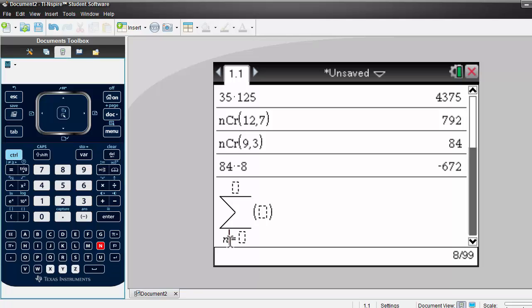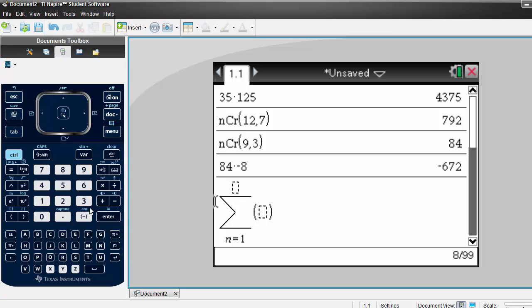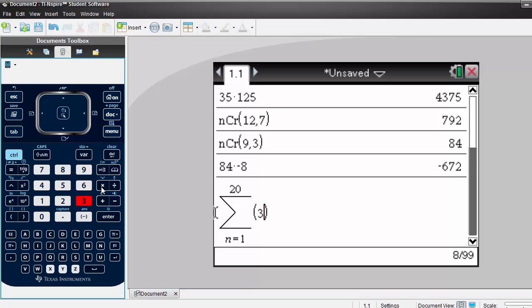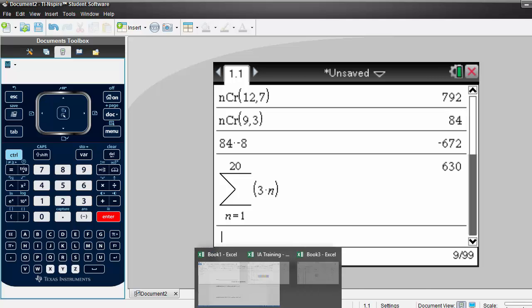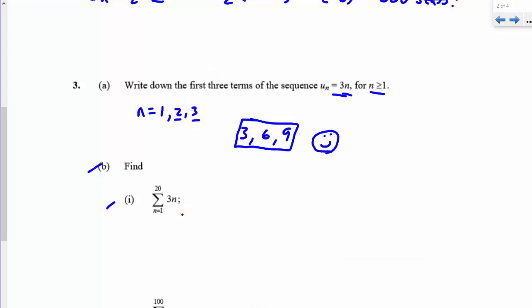So this is going to be n equals 1. That's the start of your index here. And this is going to go up to 20. And this will be 3 times n, or 3n if you like. If you hit enter, it tells me that sum is 630. So if I add the first 20 terms of this sequence, it's going to give me 630. So I'm going to go ahead and write that in for my answer. The calculator told me that answer, and that's all you really have to do.